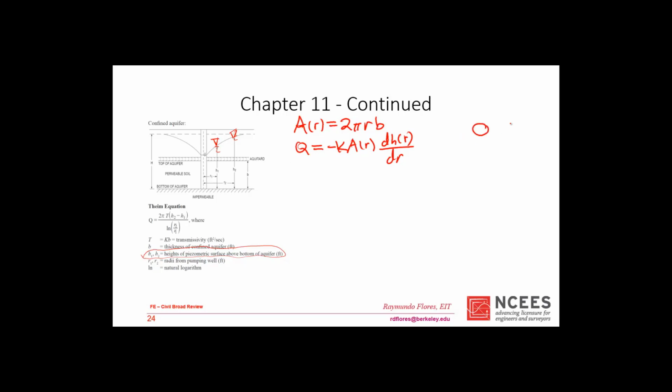You would define your Q to be something like this. You would have your well diameter here and here, and this would be your piezometer readings, out of the page.